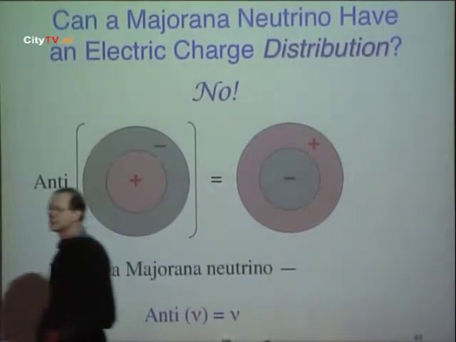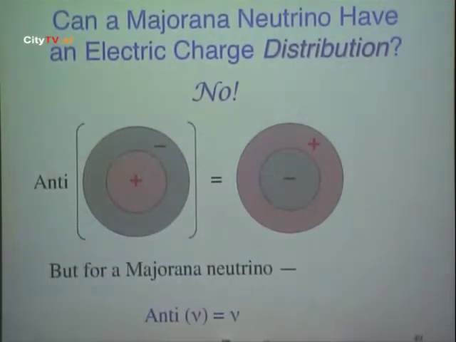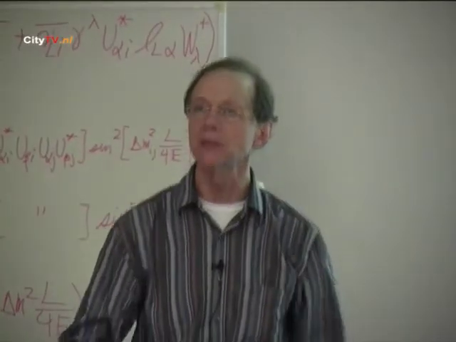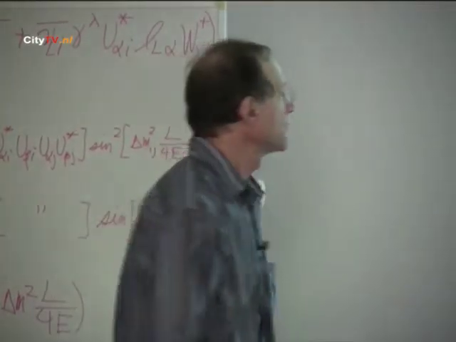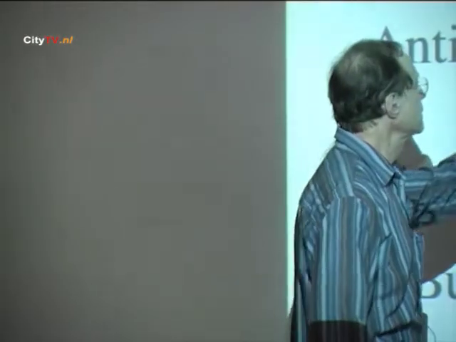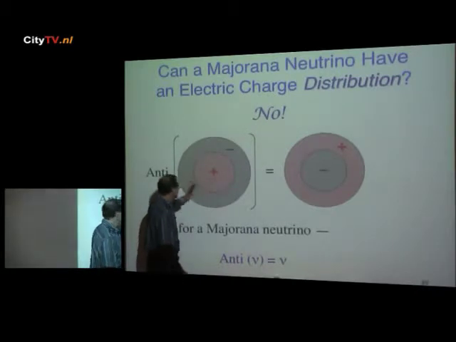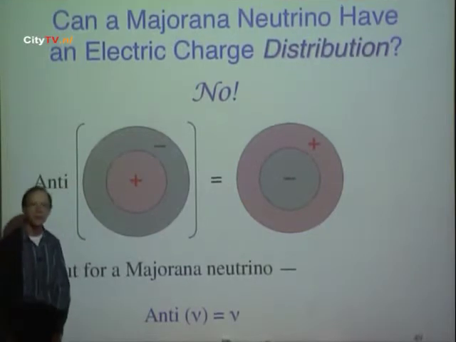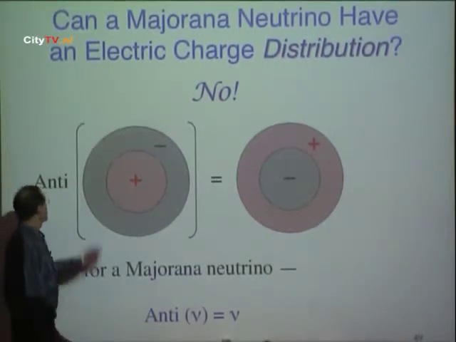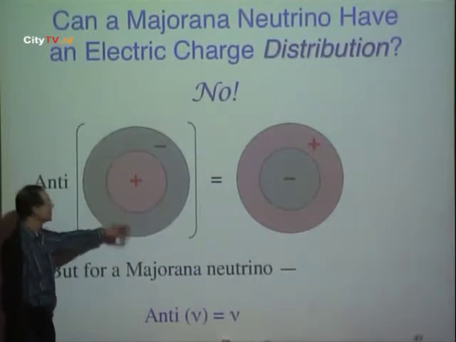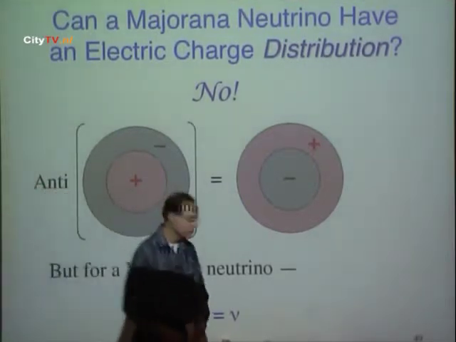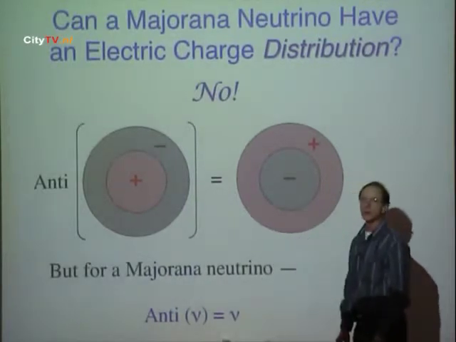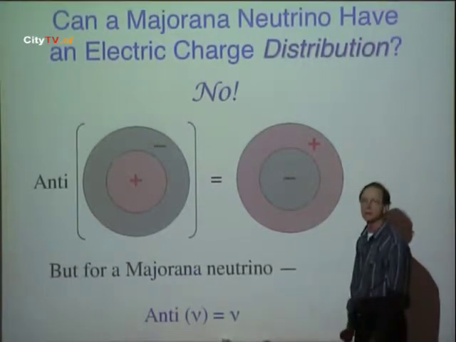Now, of course, a neutrino, Majorana or Dirac, is totally electrically neutral. But you might ask, can it have an electric charge distribution inside, adding up to 0? For instance, could there be a positive core surrounded by an equal and opposite compensating negative shell? Well, this cannot be there if it's a Majorana neutrino, because the antiparticle to this system is obviously, since charges reverse under particle-antiparticle conjugation, a negative core surrounded by a positive shell.